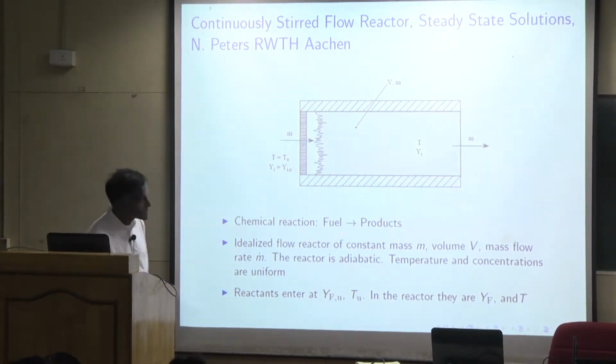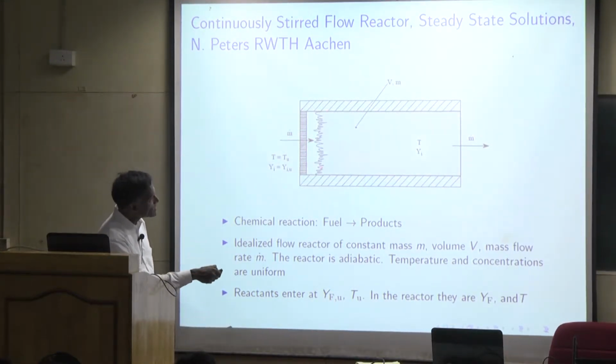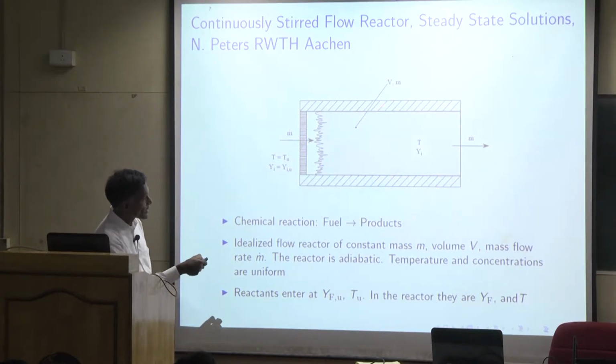The chemical reaction that we consider is fuel goes by a one-step reaction to products. m dot is the mass flow rate, and M is the mass of the reactants and products in this reactor, and V is the volume of this reactor.